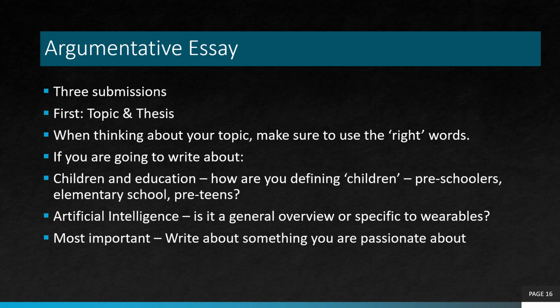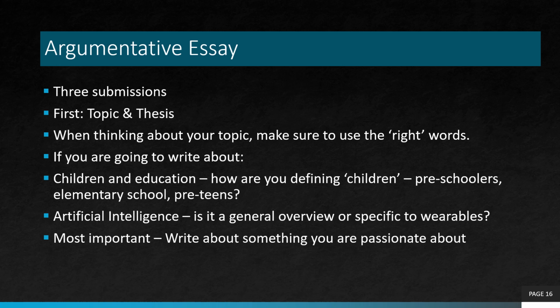If I'm going to write about children and education, what do you mean by children? Right? They could be preschoolers, elementary school children. If I'm going to write about artificial intelligence, is it a general overview of AI or specific to wearables? And I would say here, if you were doing a general overview, that's way too big.